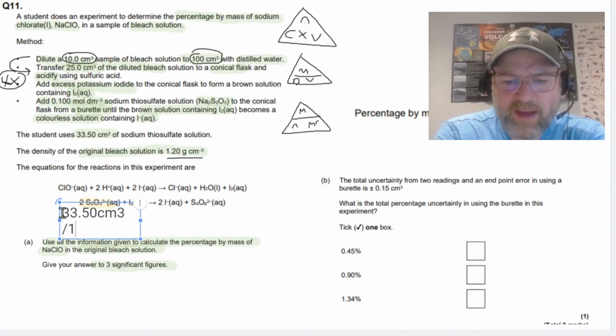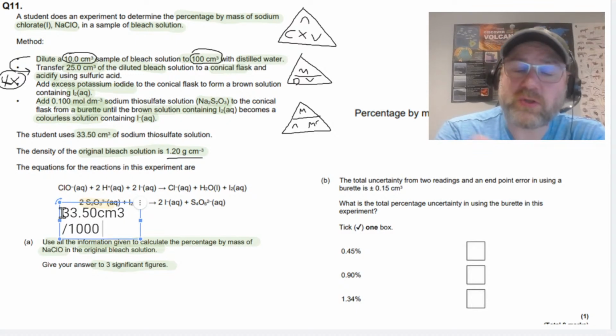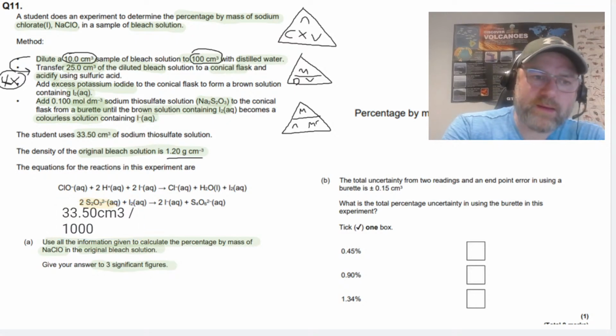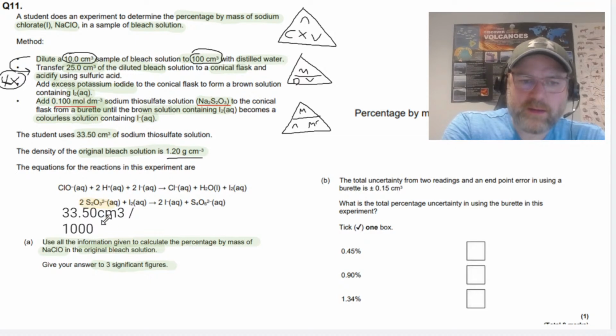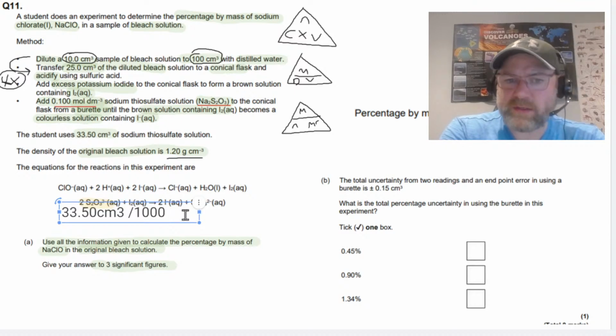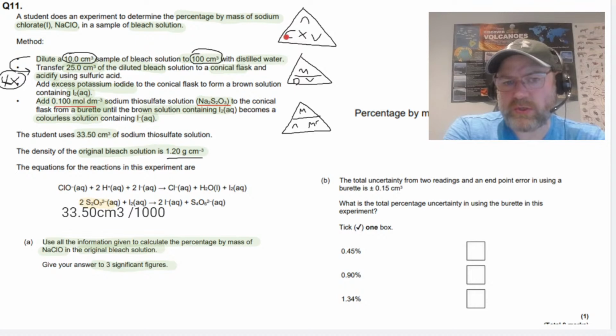I need to turn that into decimeters cubed. And we've also been given the concentration back here, which was 0.1, and that was of the NaS2O3, the sodium thiosulfate. So I can actually get back into this, and I can multiply using the equation over here. This top one, I can do concentration times volume.